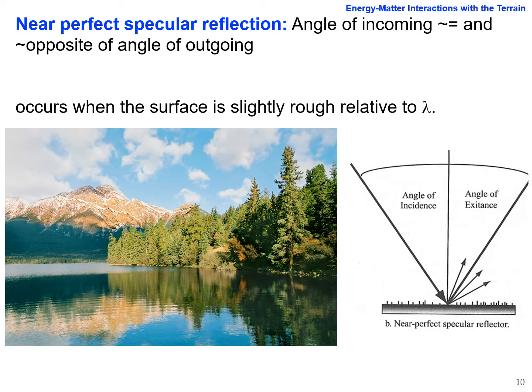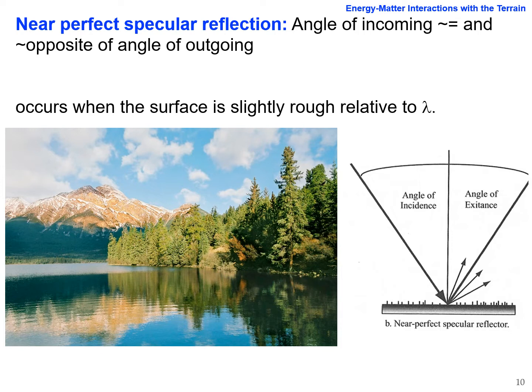We then have near perfect specular reflection, okay? And that's when the angle of incoming radiation is roughly the opposite of the angle of outgoing radiation, because you have a somewhat variable angle of outgoing radiation. So this occurs when the surface is slightly rough relative to the wavelength, okay?